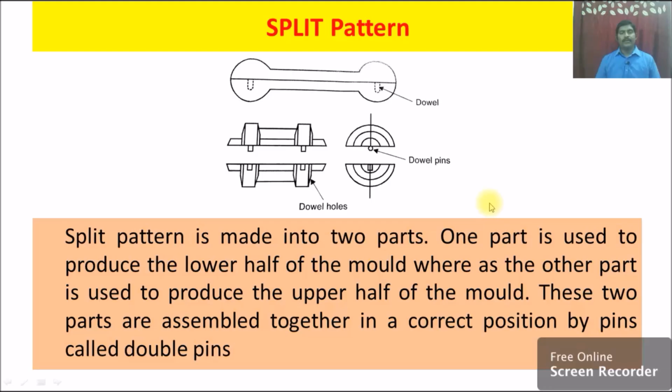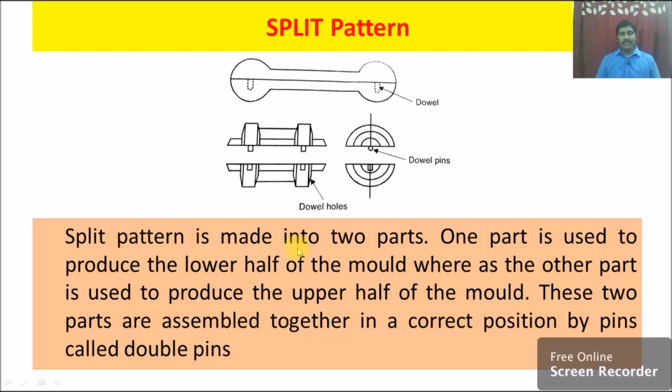Number 2, the split pattern. From the name itself we can easily identify it is split into two parts: the first part as well as the second part. In the first diagram itself, dowel pins are available. The first part is attached through the pin, so it is called a split pattern.